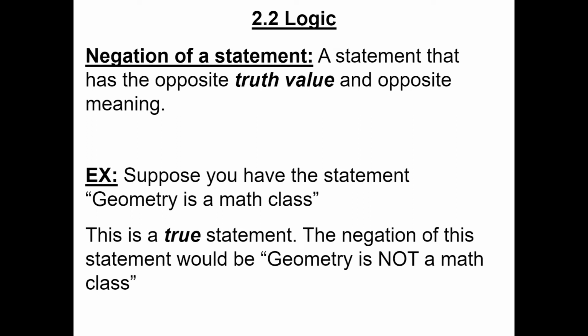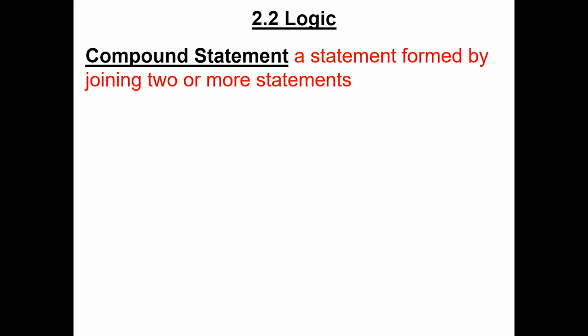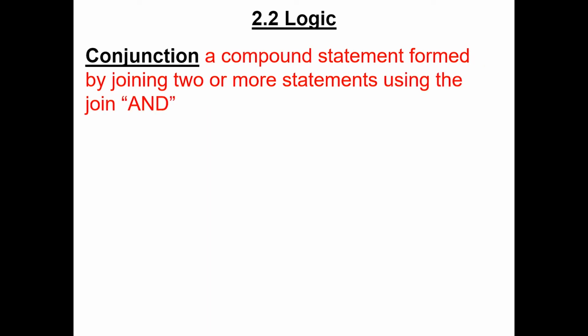The next thing we're going to do with statements, we're going to join them together in various ways. So we're forming what are called compound statements. These are statements formed by joining two or more different statements. The first kind of compound statement we're going to look at is called a conjunction. This is a compound statement where we form it using two or more statements with the join and.